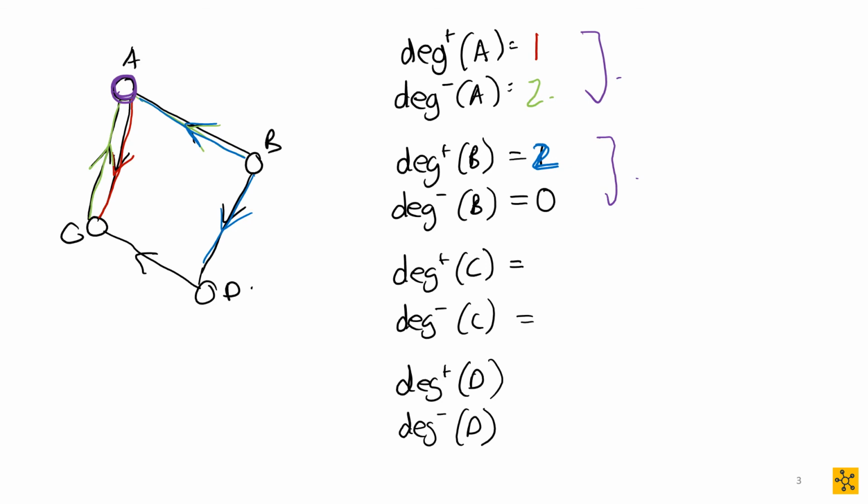Now for C, arcs radiating out of C is 1, arcs radiating into C is 2. Arcs radiating out of D is 1, arcs radiating into D is 1. Again, you can check by looking at the degrees if it wasn't a digraph.